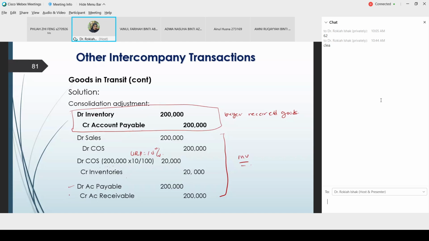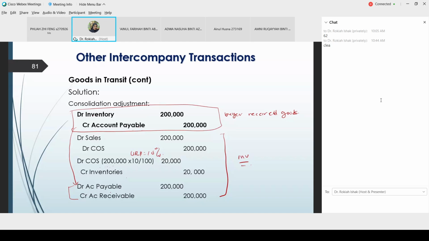And then this one is the elimination here. You're going to debit your accounts payable and then credit accounts receivable. This one is to close these accounts. Okay, so this is goods in transit.